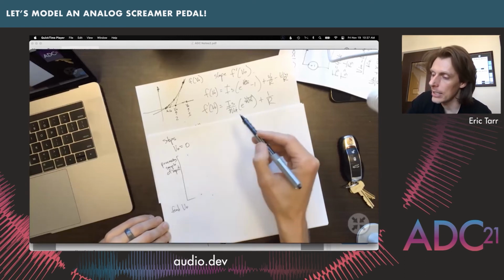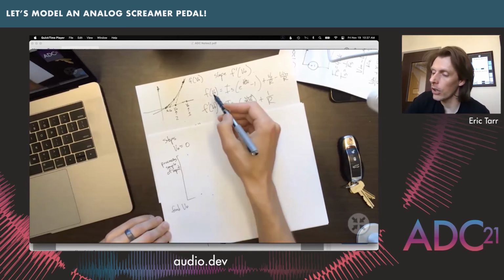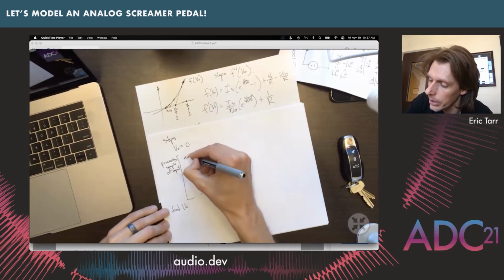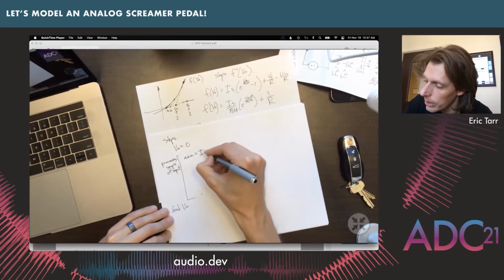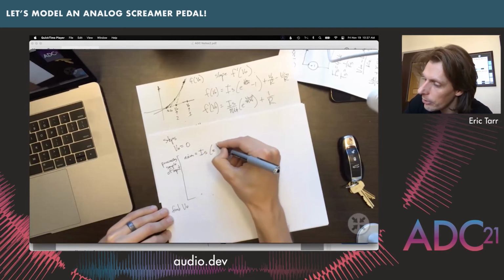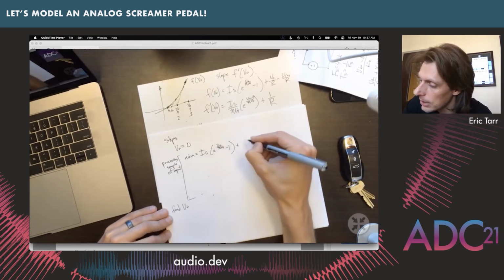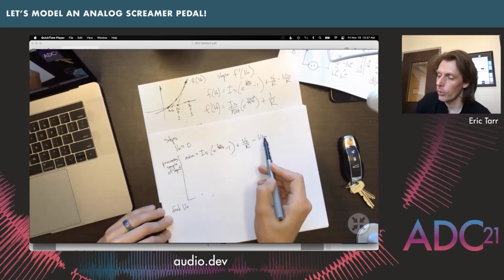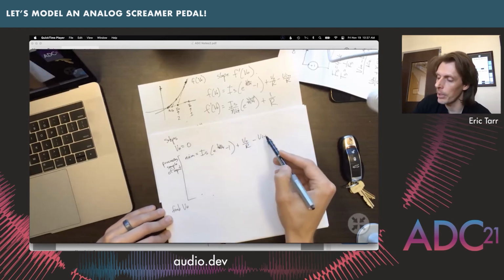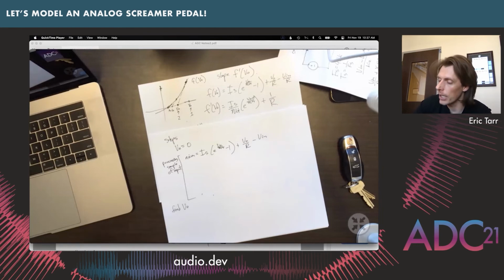So what we would do is initially calculate what I'll call the numerator, which is equal to these things that we can plug in: I_S times (e to the V out over eta V_T, minus 1), plus V out over R, minus V in over R, whatever our value of V in is coming from our processing and our plugin.